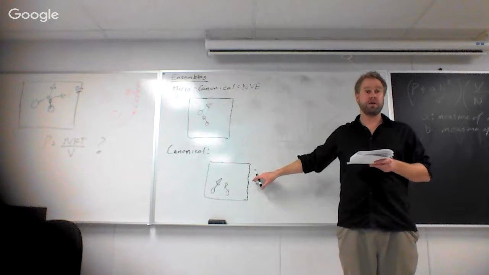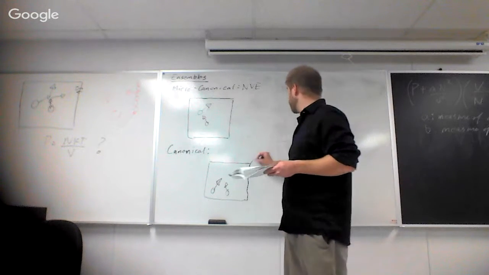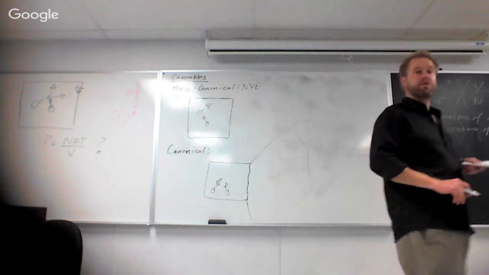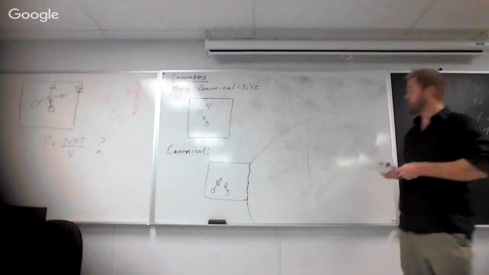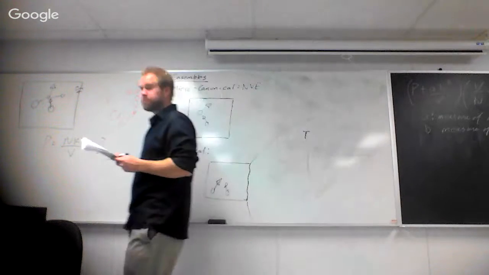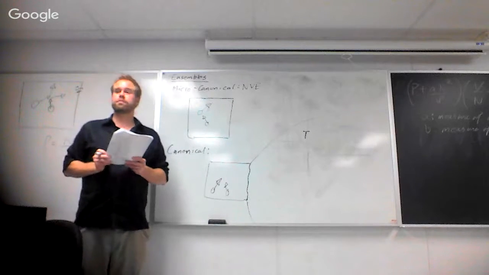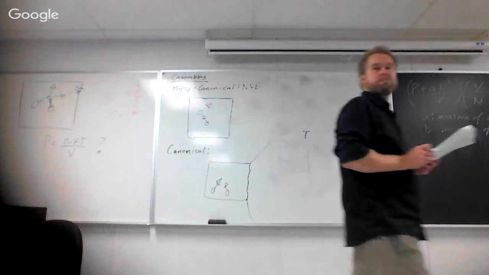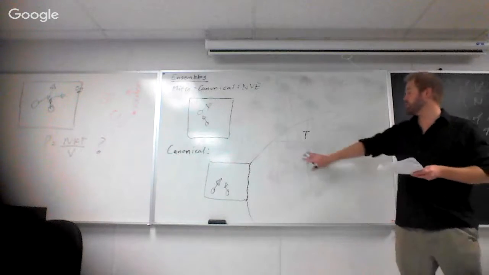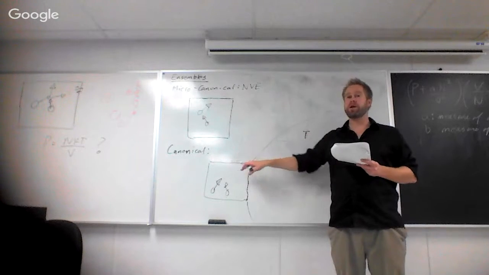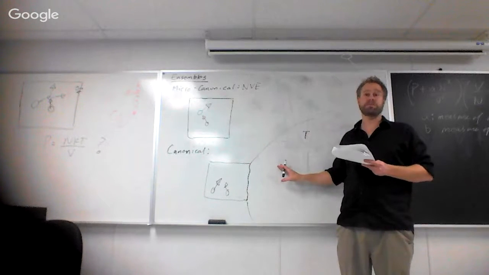And on this side, let's make it a giant bath that is held at some fixed temperature. This is massive compared to this, so any changes that happen over here have no impact on this.